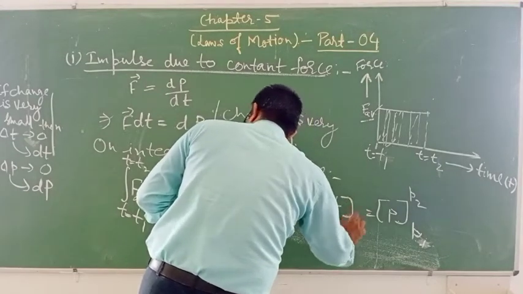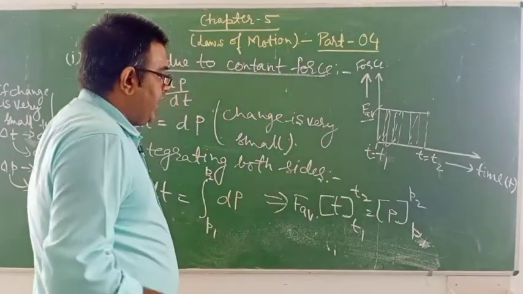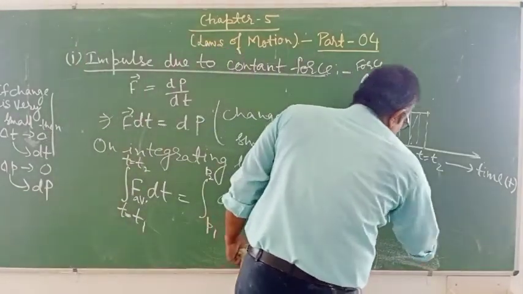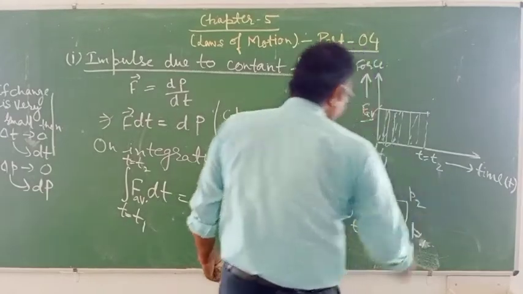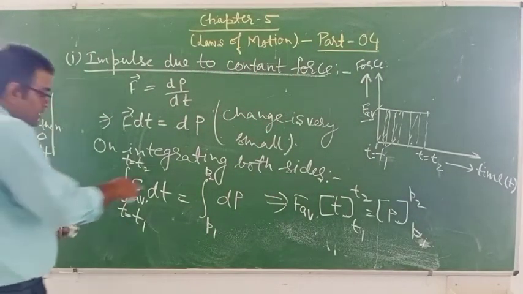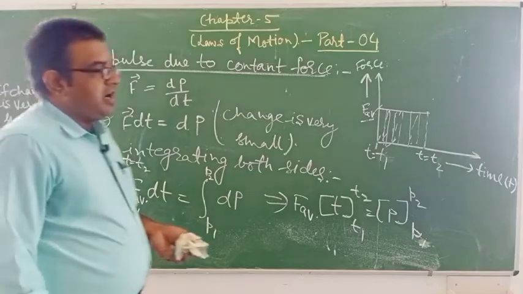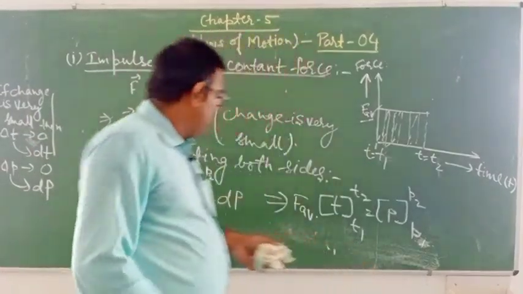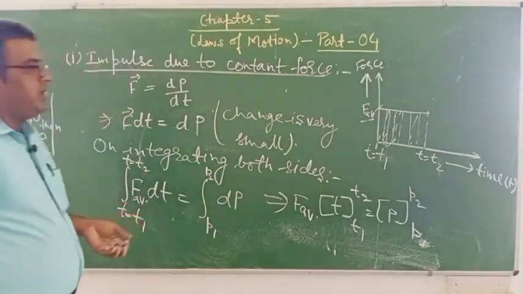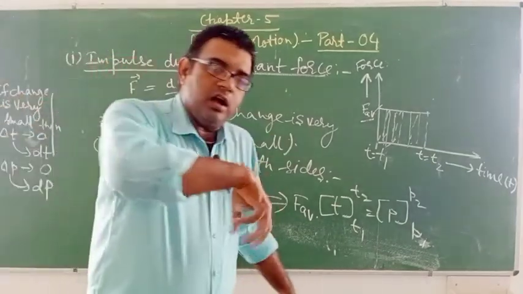From t1 to t2 means at time t1 the momentum is p1, at time t2 the momentum is p2. Since the average force acting on the body is of constant nature, constant quantities are taken out of the integral operator.